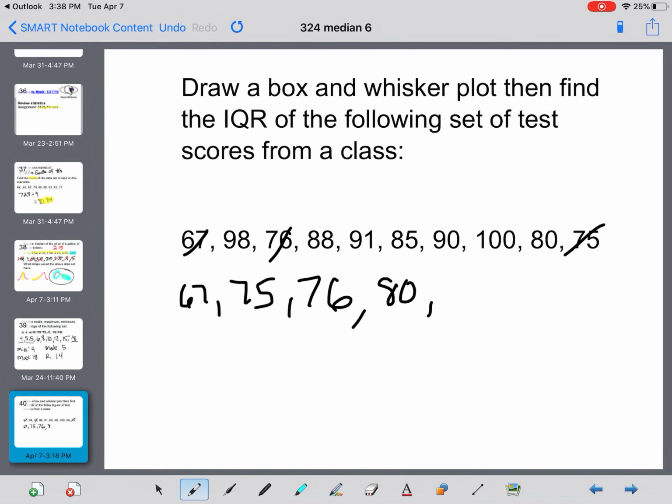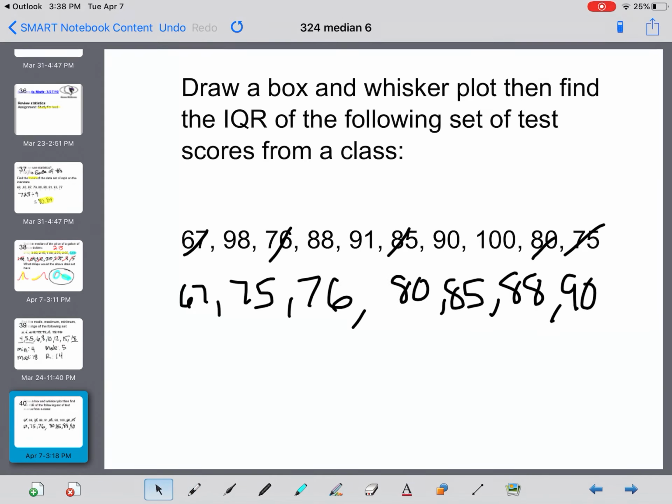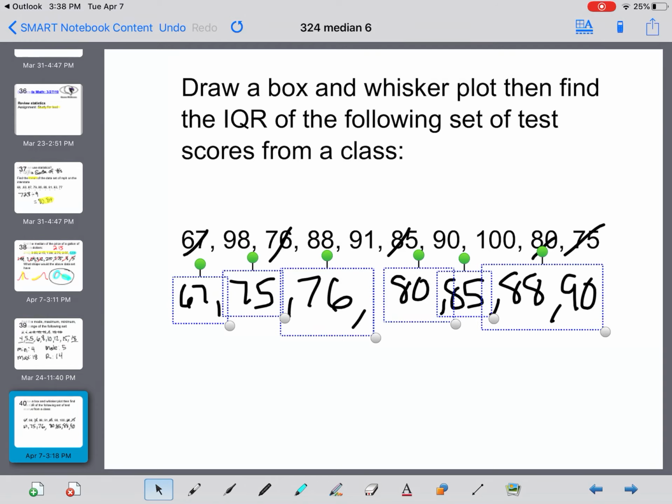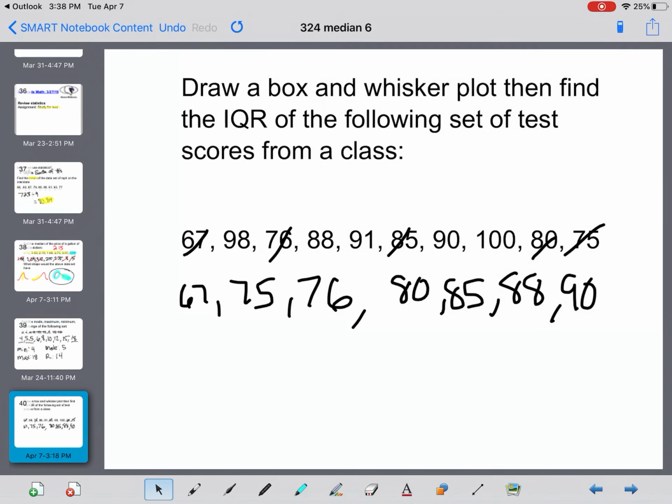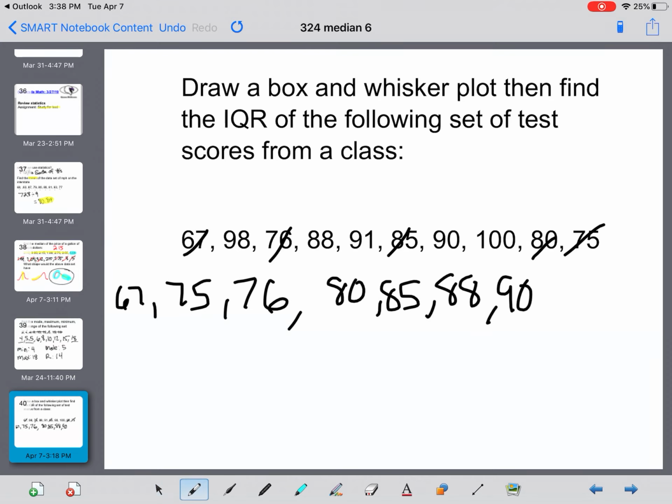I see an 80, an 85, 88, 90, got rid of the 90 and the 88. So now we have a 91, 98, and a 100. So all these have been canceled out.